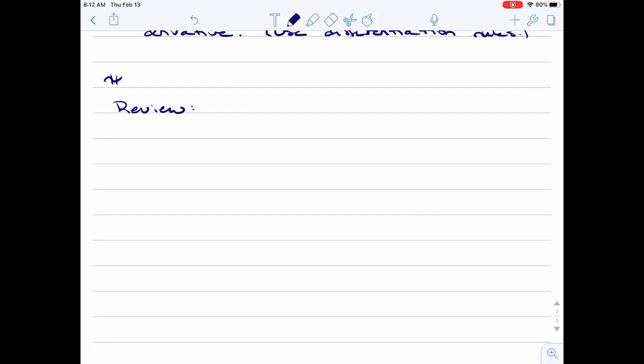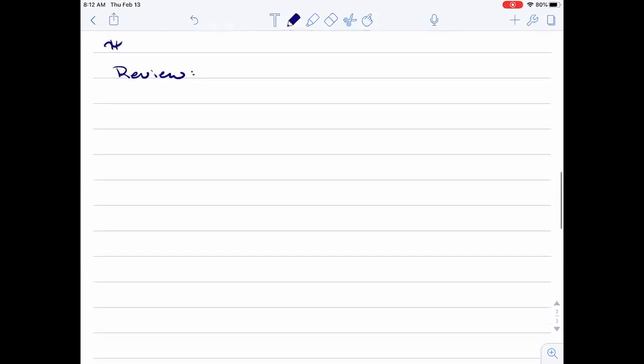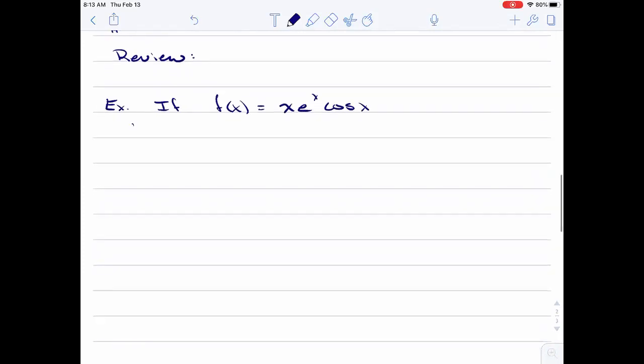You'll have to memorize these, but it's nice to have a summary. Okay. So, an example. If f of x equals x e to the x cos x, find f prime of x.